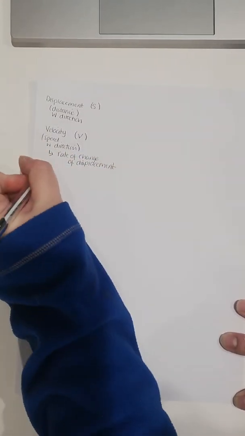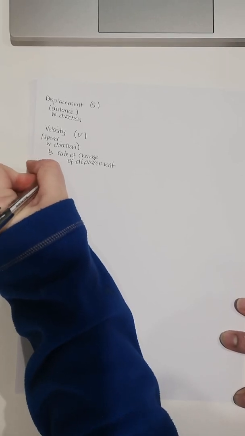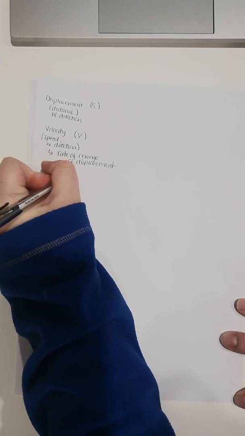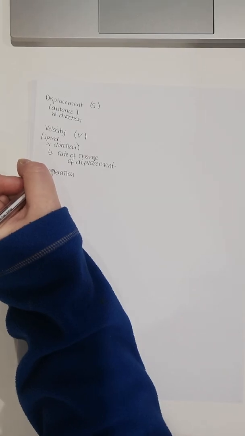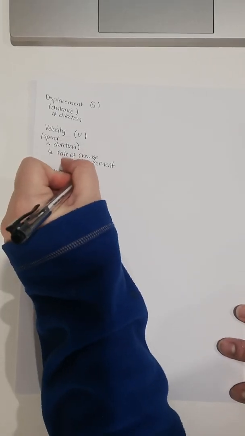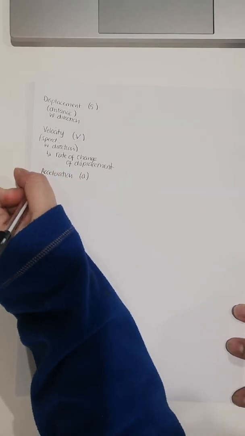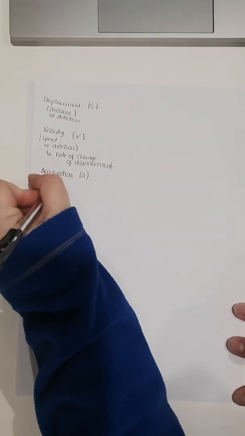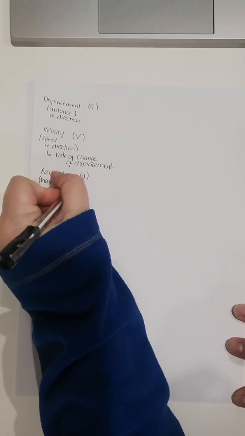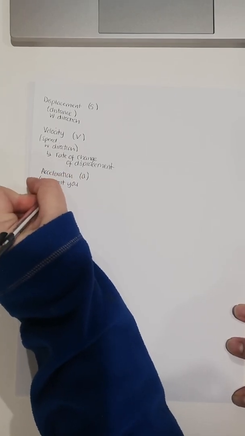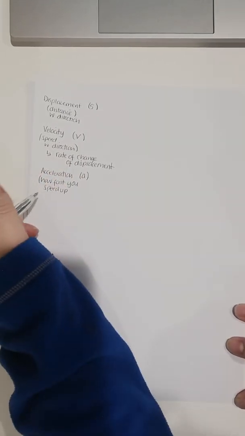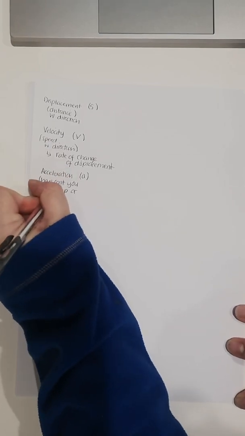And then we have a third one, we have acceleration. And for acceleration, we're going to use the letter A. And the acceleration is how fast you speed up or slow down.